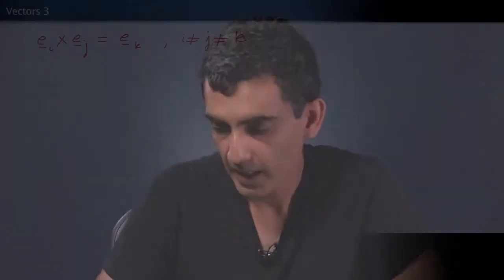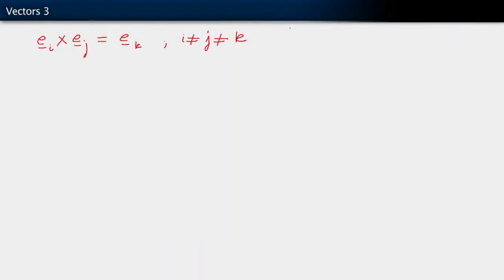So if we take a distinct set of those indices I, J, K, right, and we form these cross products, we get this sort of property, right? And now if we look at what this means in detail, this property, by the way, is what we call right-handedness.